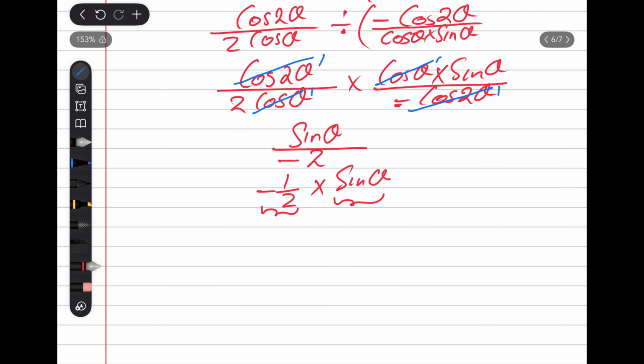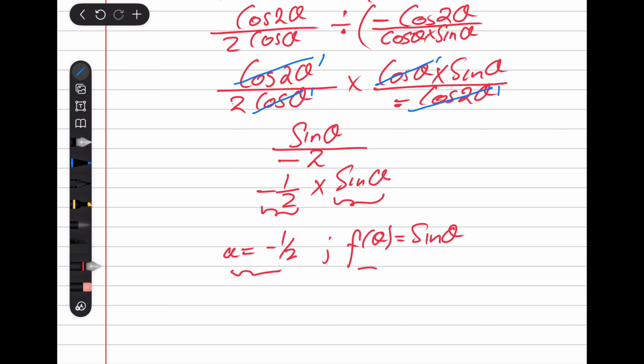So now we can conclude that a is equal to negative 1/2, and that f of theta is actually equal to sine theta. So that's how we simplify this and get the value of a and the value of f of theta, since they said that f of theta is a single trig function, right? So this is what we have here.